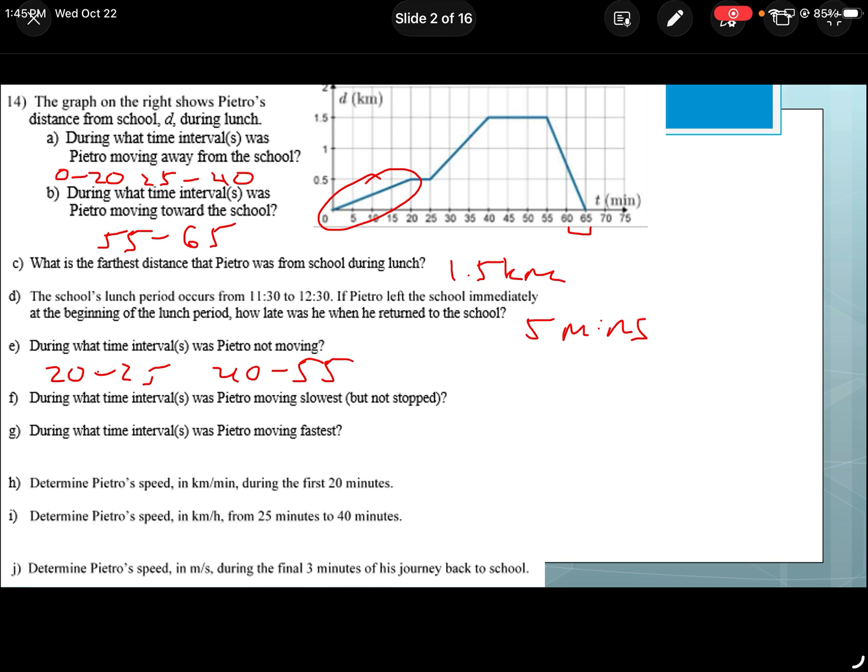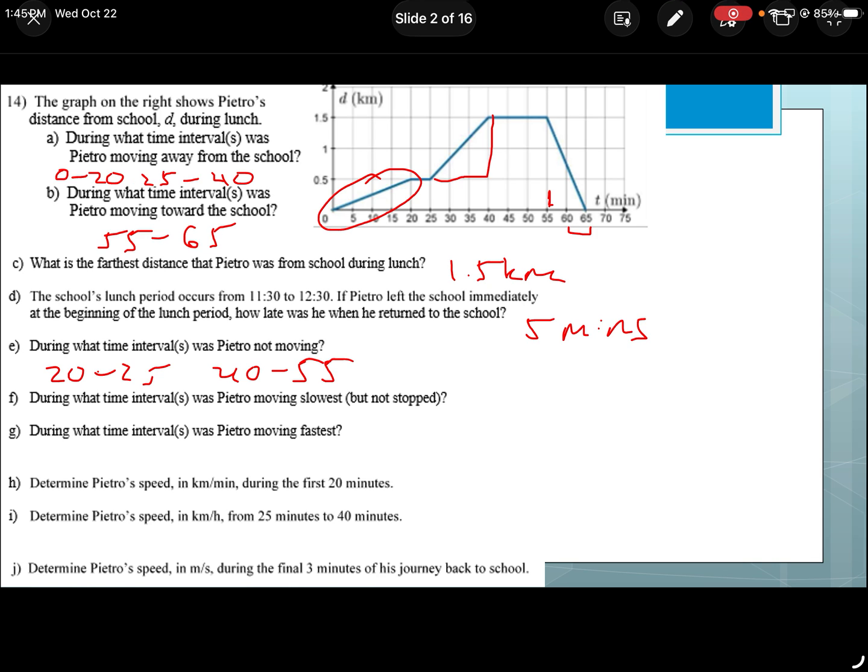But even if you're not entirely sure, if you look at just the numbers, in this one, in 20 minutes, he does 0.5. In this one, in 15 minutes, he does 1. And here, in 10 minutes, he does 1.5. So even if you weren't 100% sure, just because of the size of the slope, you should be able to tell just by the numbers as well.